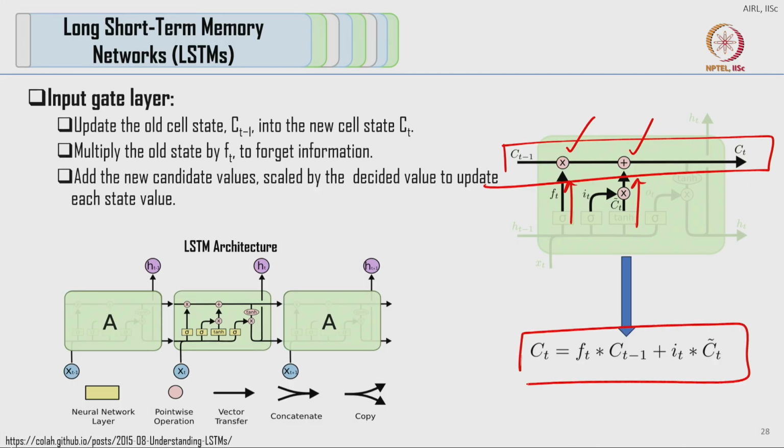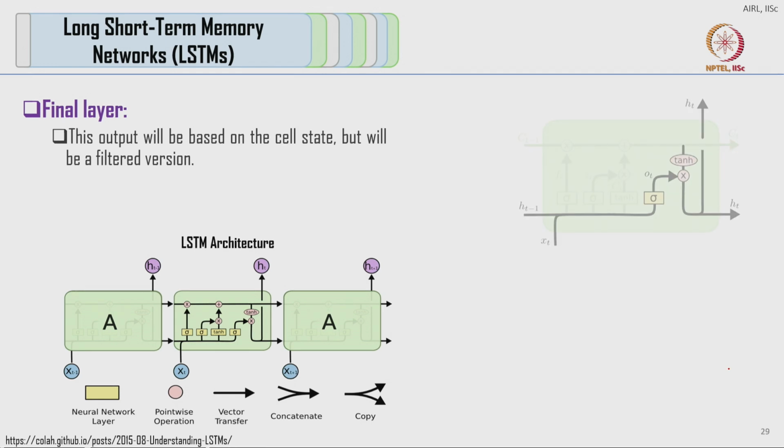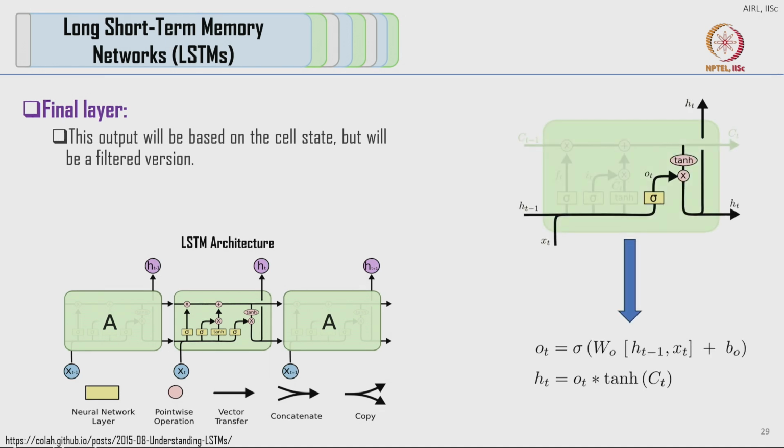So, Ct, which is the current cell state, can be written as ft times Ct minus 1 plus it times the new candidate cell. Now, the final layer, which is the final output and the hidden state, can be observed as ot, which is defined here, and finally we define ht, which is ot times tanh of the cell state, right.